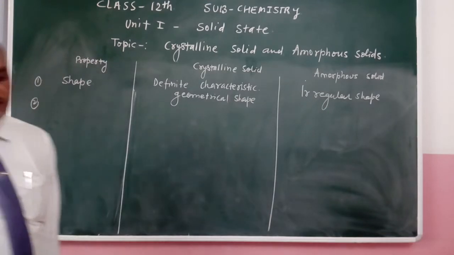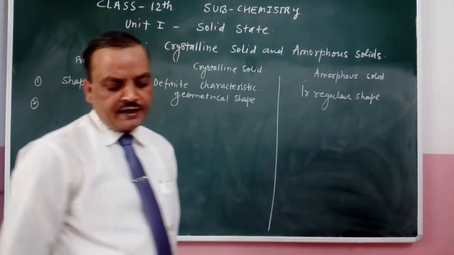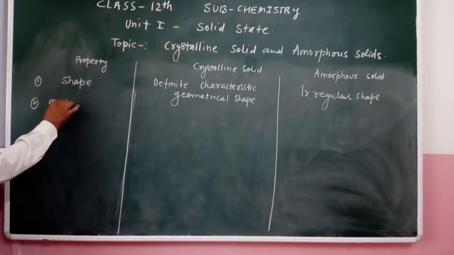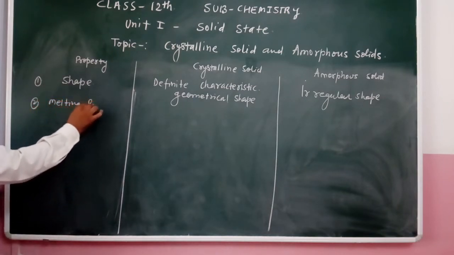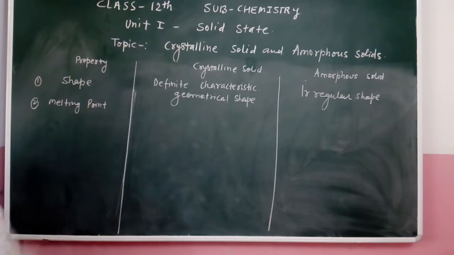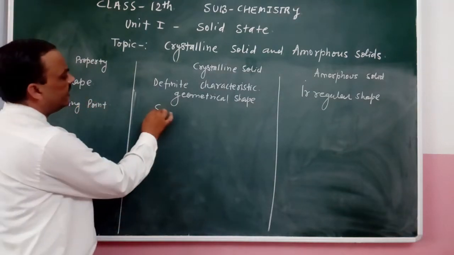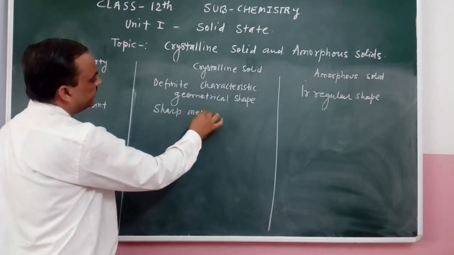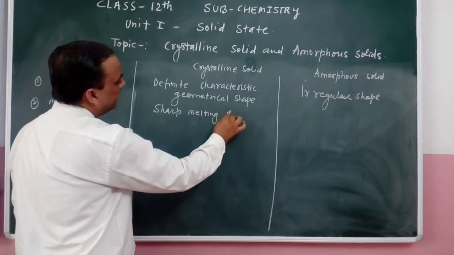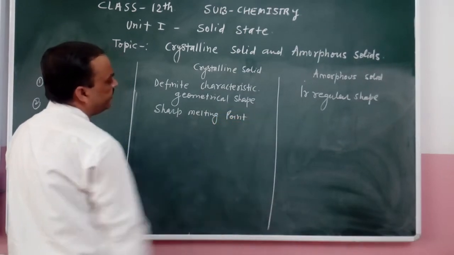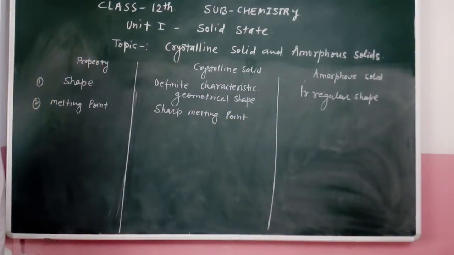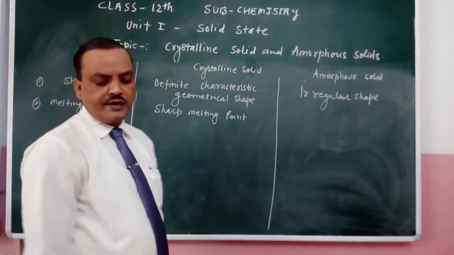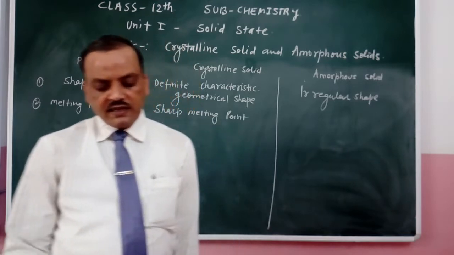Now the second is melting point. Crystalline solids have a sharp melting point. It means they will melt at a certain value of temperature.